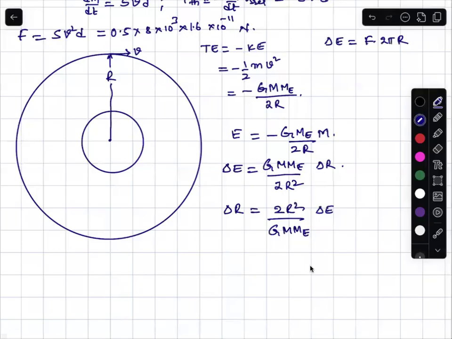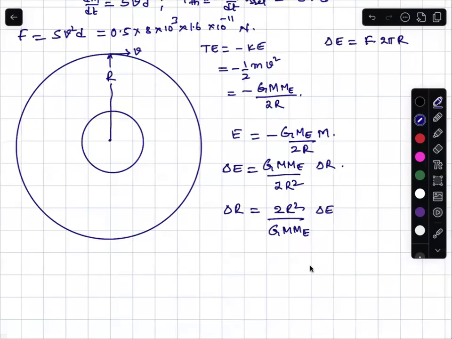Sorry, inward spiral. It won't fall suddenly in a straight line towards the center. It will follow a decreasing radius path, and that path is called an inward spiral. Spiraling inwards.